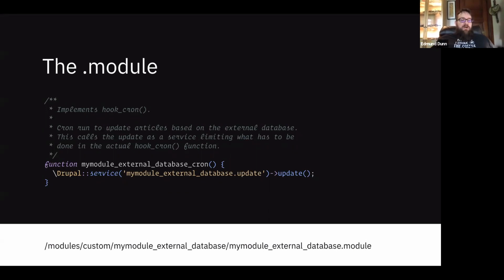Now we could have taken all of the code that we put inside the service and put it inside of this cron function, but then it would have been much more difficult to maintain and not at all reusable. And so we wanted to make it so that it could be reusable if necessary. And so this is how we decided to do that.